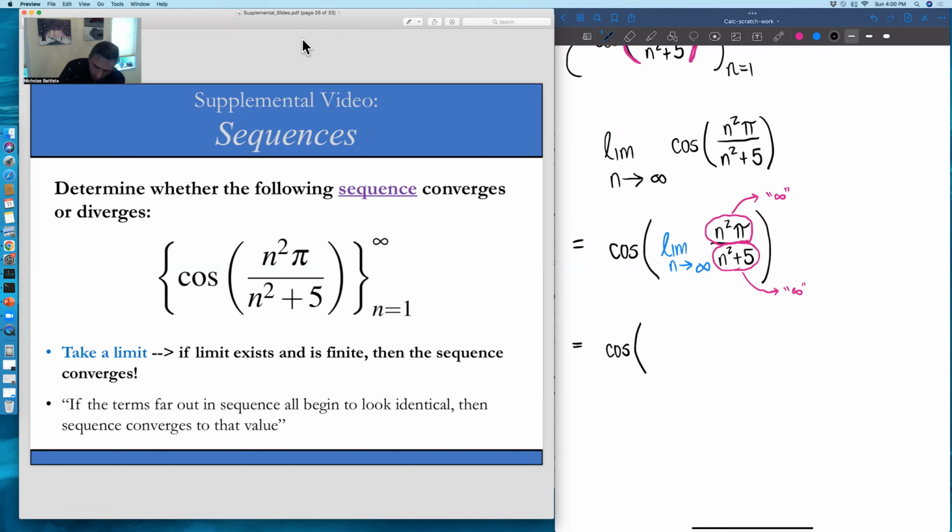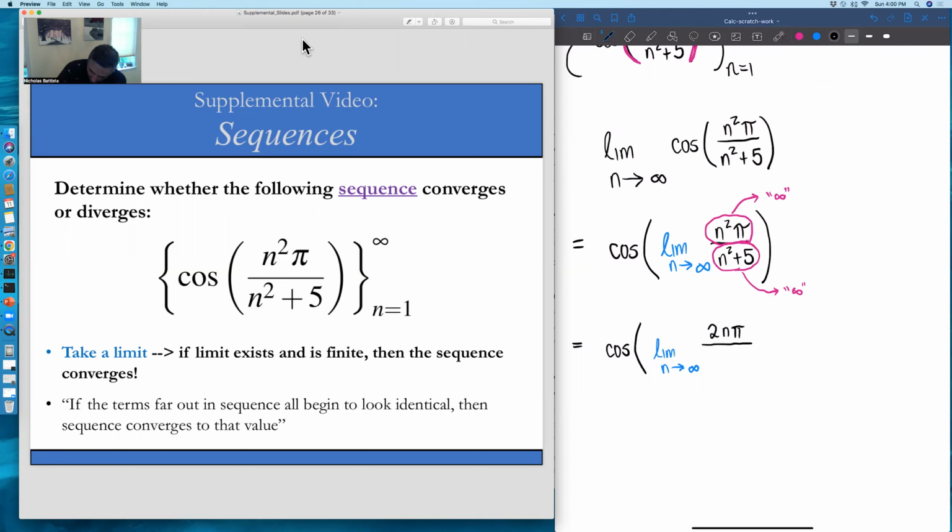So again, we're thinking about just whatever this limit comes out to, we take the cosine of it at the end of the day. So the limit is inside of the cosine, the way we're thinking about it, and we can do L'Hopital's rule. So taking the derivative of the numerator, taking the derivative of the denominator separately, and reevaluating that limit. So the derivative of the numerator with respect to n is 2n pi.